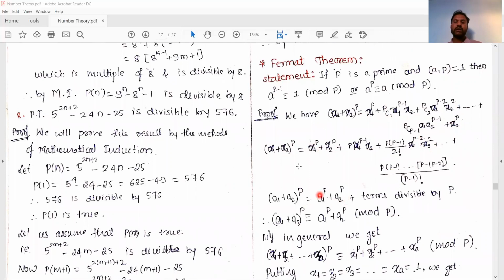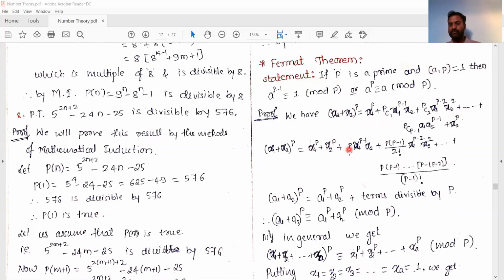Now instead of x1 and x2, you take a1 and a2. Wherever I said x1 and x2, you have to take a1 and a2. So (a1 plus a2) raised to p is equal to a1 raised to p plus a2 raised to p plus the terms divisible by p.